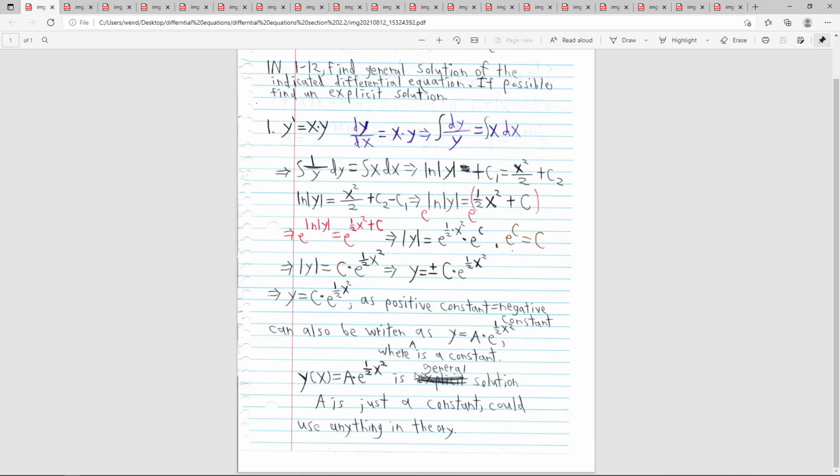So y of x equals a times e to the 1/2 x squared is the general solution. A is just a constant, but we could use anything, a, c, generally a capital letter though. I use C1, C2, C, and A basically. All constants in this one.